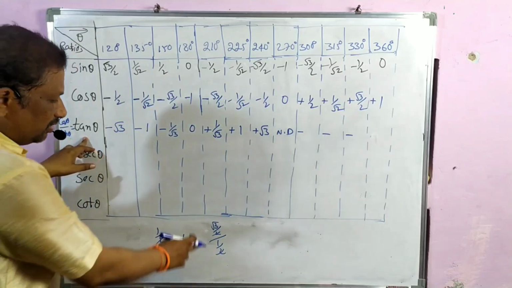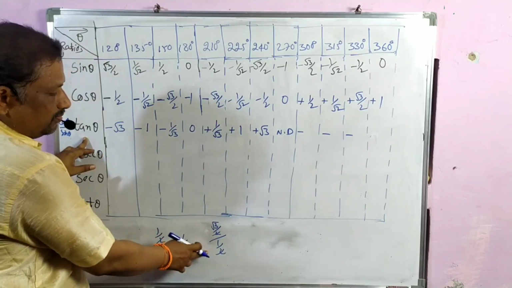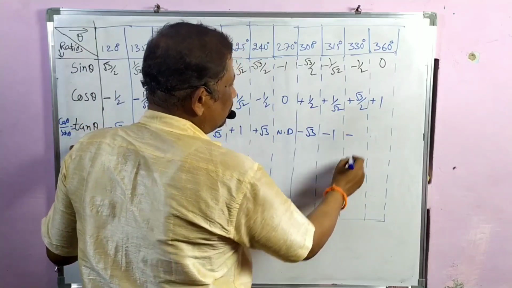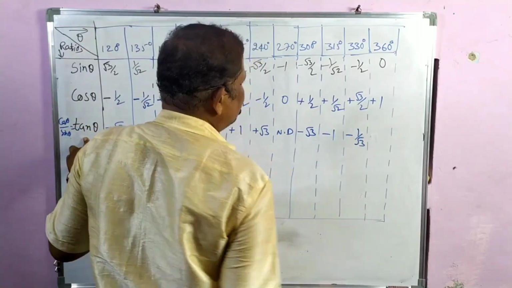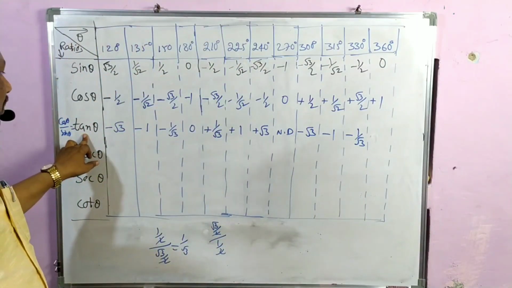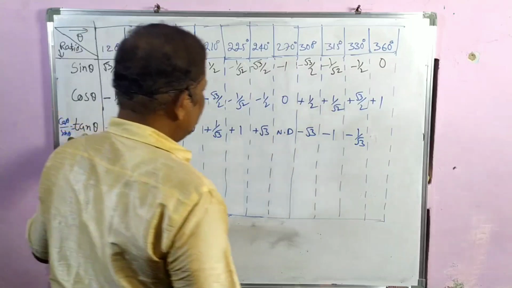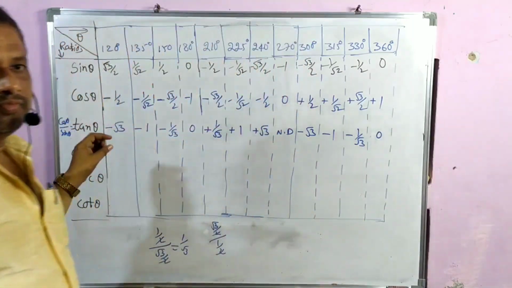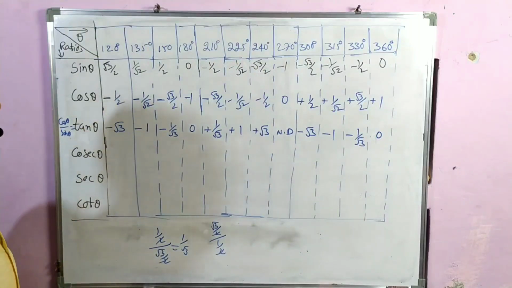Cot 30 means cos 30 by sin 30, so root 3 will come. Here 1 will come. Here 1 by root 3 will come. Next, here 270 plus 90, cot 90. Cot 90 is 0.